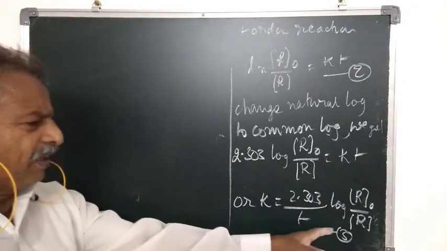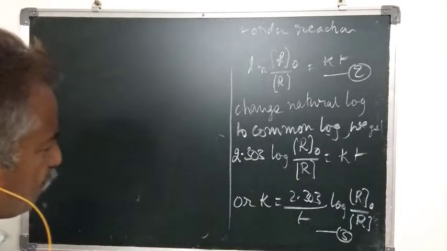So this is the integrated rate equation for the first order reaction.